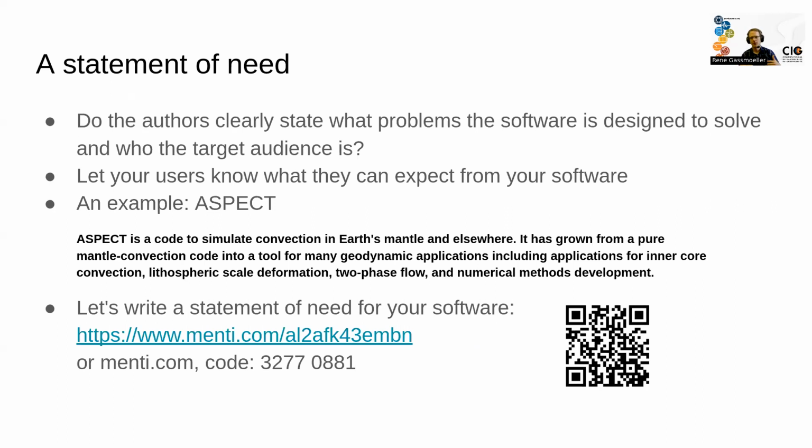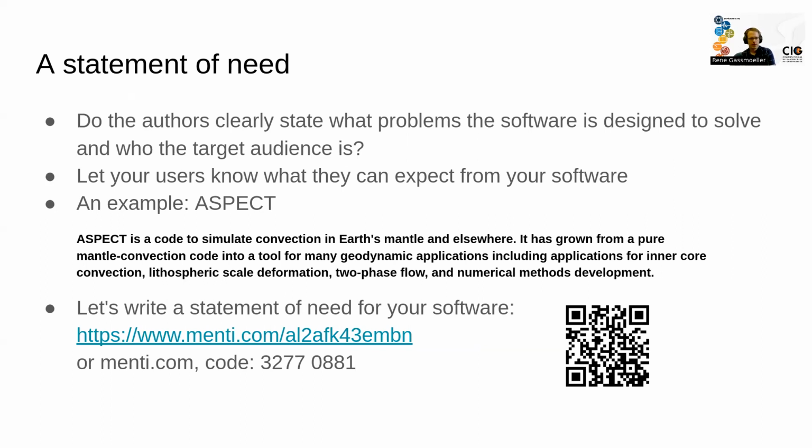Most users are looking for a solution to their problem, and maybe they Google for it or they have heard about your project, but they don't really want to spend a lot of time understanding what your project is. You want to have a 1 to 2 sentence, at most 1 paragraph description of what your software is, so that users can quickly evaluate, is this the software that I'm looking for?